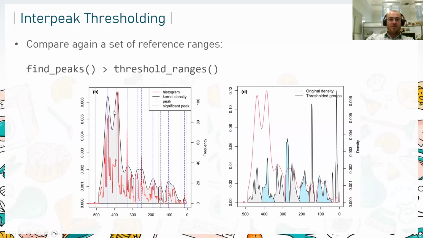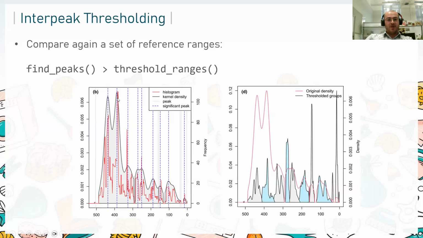I mentioned that where the peaks in our density distribution lie, these are quite an important element of these structures. We can use these as a rule of thumb to say whether an occurrence density curve is being split by incomplete sampling, or whether two peaks actually represent lumping of what should be separate taxa. And so what the threshold ranges function will enable you to do is to scan forwards in time through an occurrence density curve.